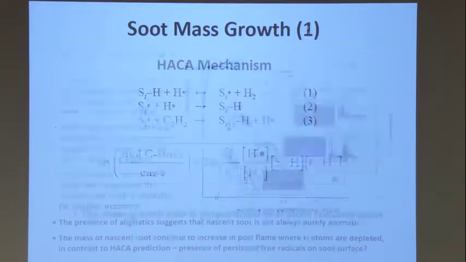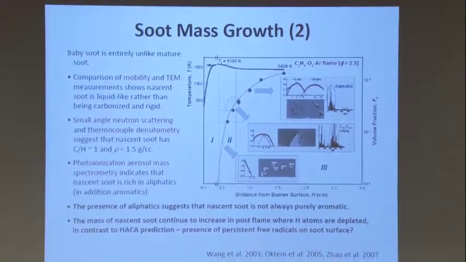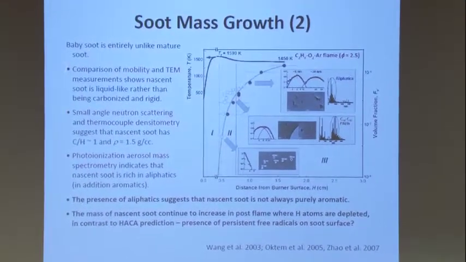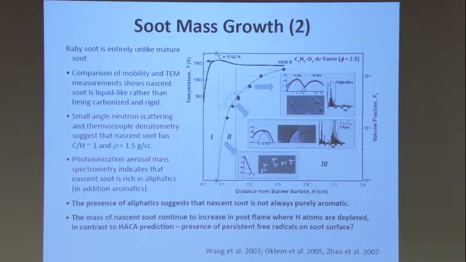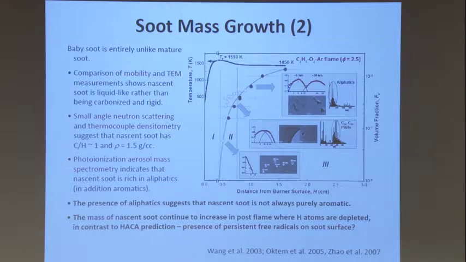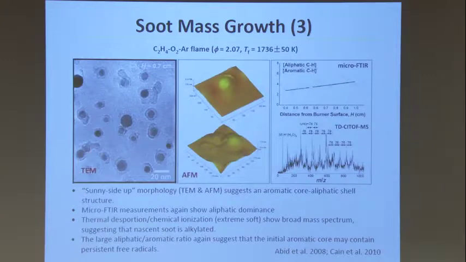And so you can try to make models for this. And then this other confusion is that baby soot is completely unlike mature soot. Everything about it is different, the structure, the spectrum. So soot is not soot. There are like 47 different types of soot, and they are all changing into each other by unknown reactions currently. So everything's very simple.